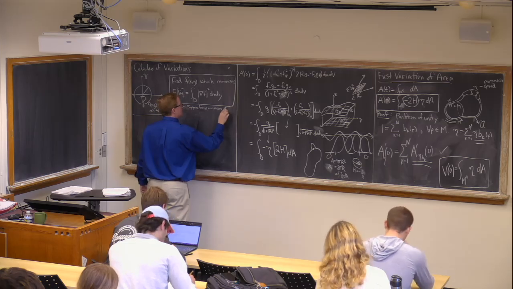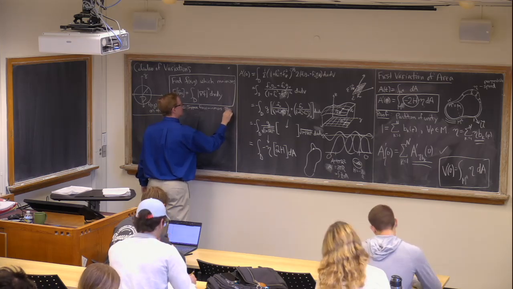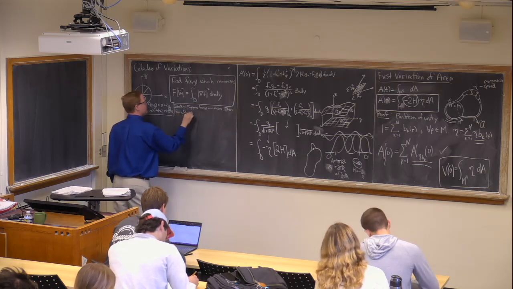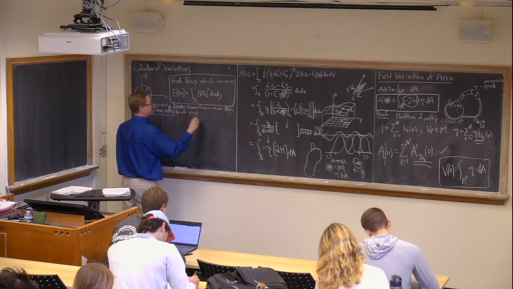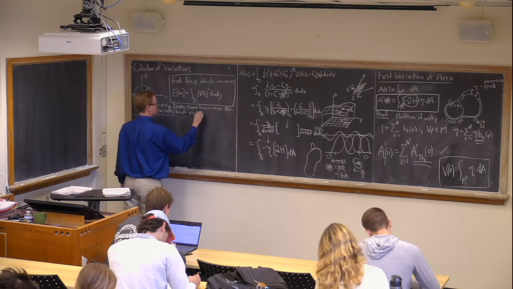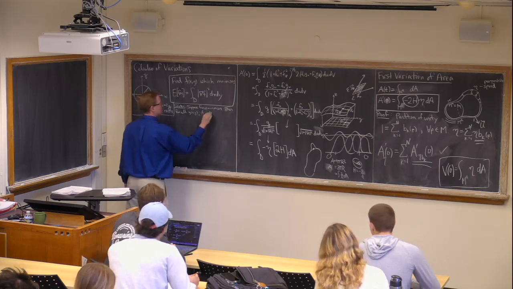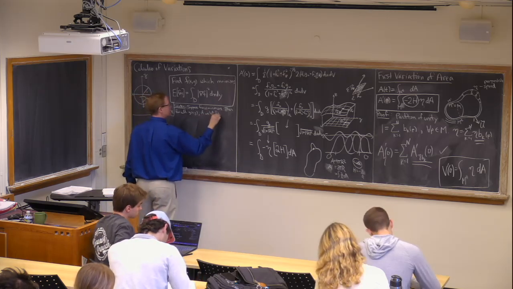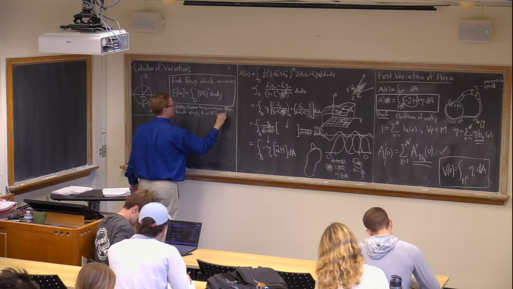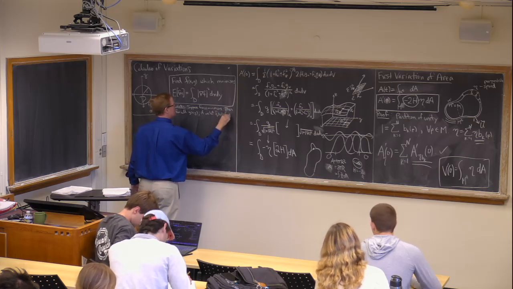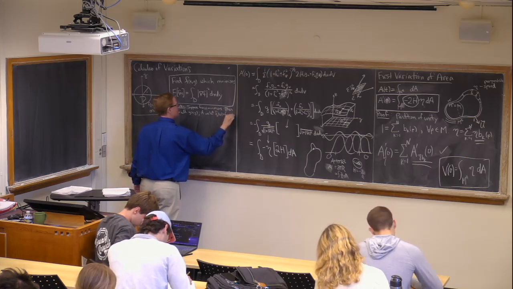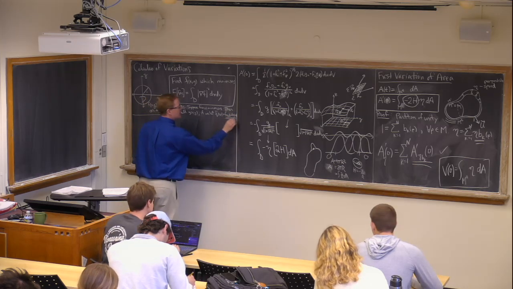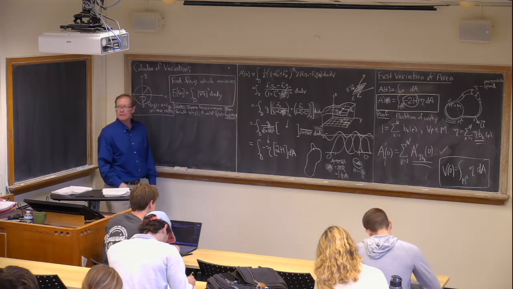And then for all g of x comma y, we're going to do the same thing we did last time. If we let f sub t of x comma y equal f of x comma y plus t g of x comma y. Now see what we're doing? We're doing the same thing as we did before, right? We're taking our f and we're adding t times g to it, right?